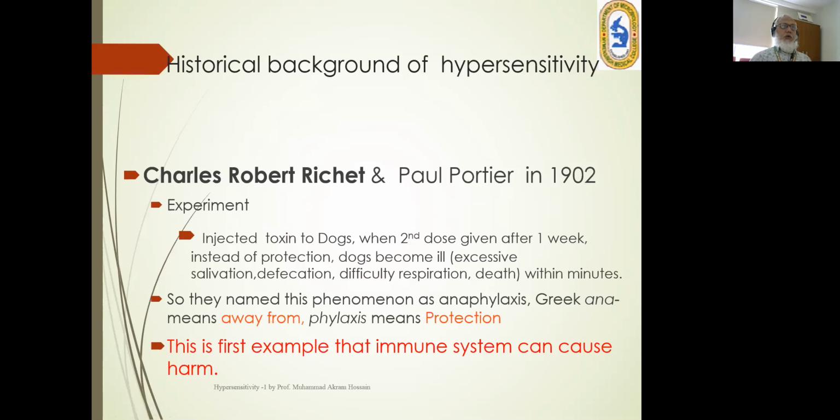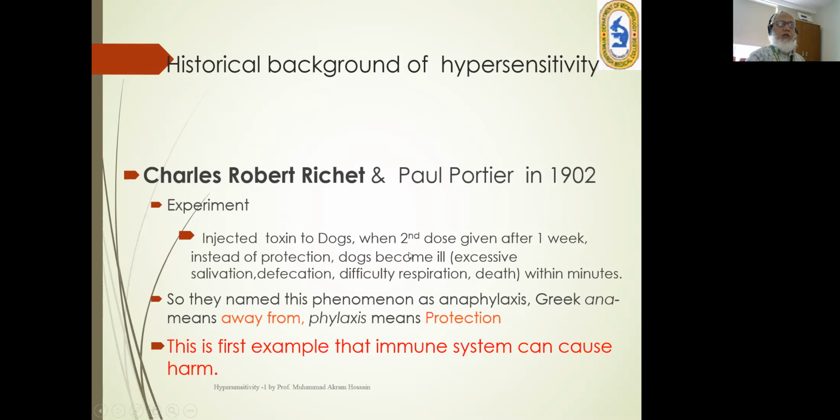Now let us look into the historical background of hypersensitivity. Before 1900, it was thought that immunity is always good. But in 1902, two scientists, Charles Robert Richet and Paul Portier, did an experiment. They injected toxin into dogs.